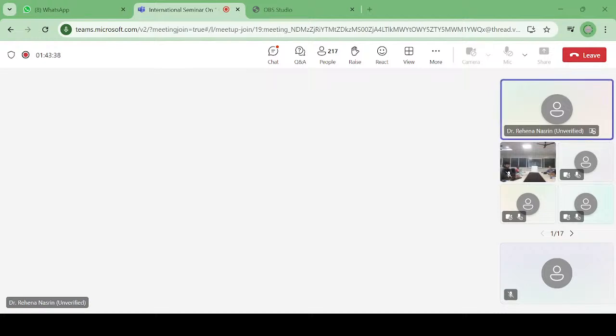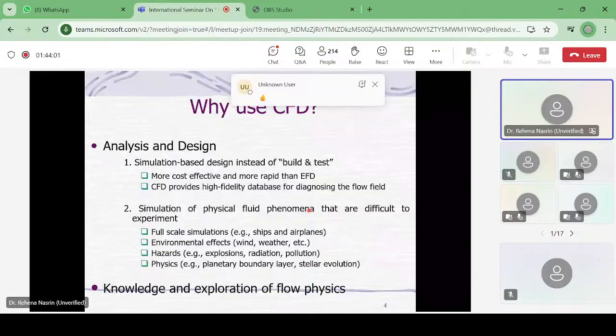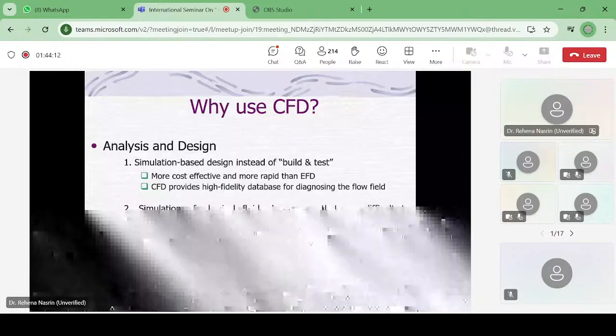Actually, for design, analysis, knowledge and exploration purposes, we can use this CFD problem. First of all, when we start research, there is cost, or a full-scale simulation, or shapes or deep geometry.